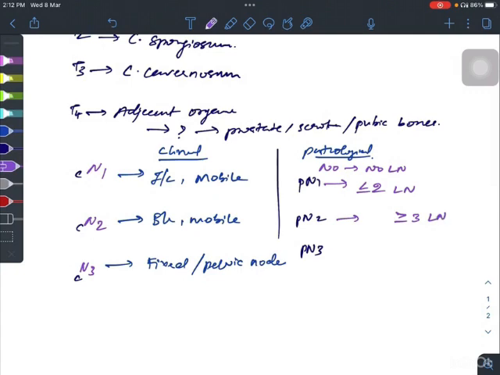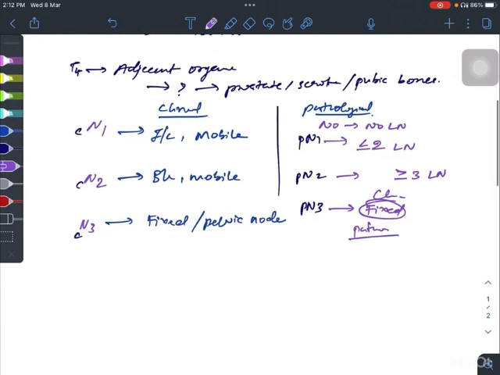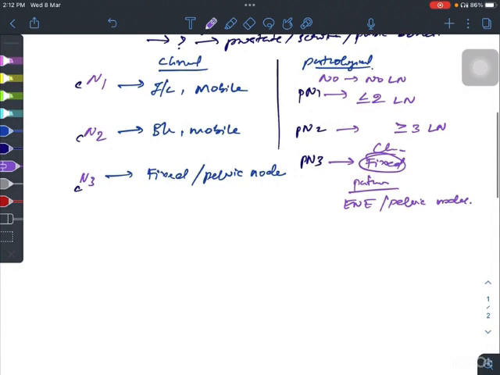So PN3 it will be fixed. So that will be clinical. In pathological, there will be extranodal extension or pelvic nodes. Then coming to metastatic staging. So M0 no mets, M1 metastasis.